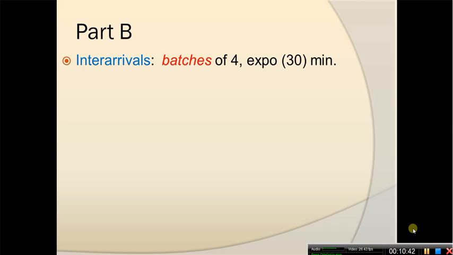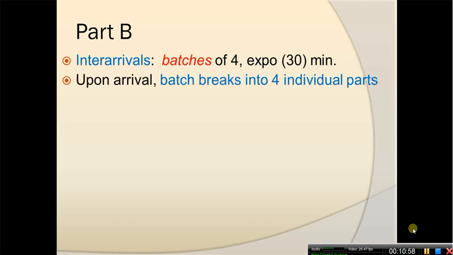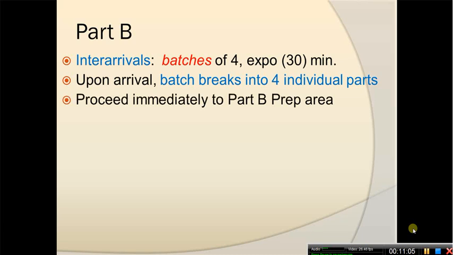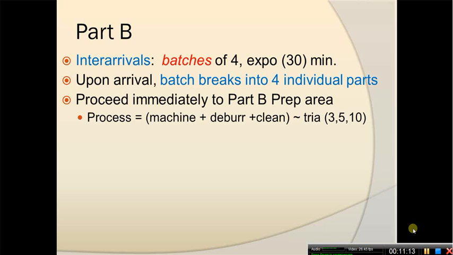They have arrivals in batches of 4, and these arrivals are exponentially distributed. The inter-arrival time has 30 as a mean parameter for the exponential distribution. And upon arrival, the batch breaks into 4 individual parts, and these parts altogether proceed to the part B prep area, and that's where we have a process.